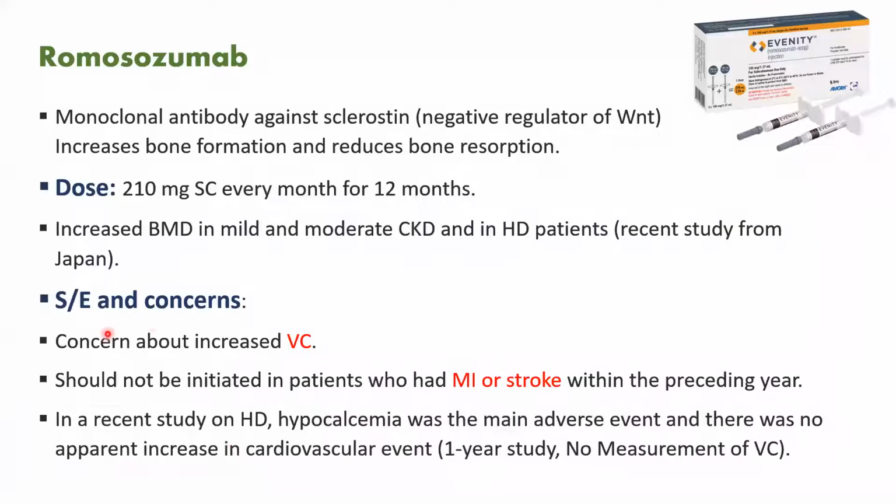But we have a very reasonable concern about increasing vascular calcification. Romosozumab could indirectly stimulate the Wnt pathway, and the Wnt pathway increases bone formation, but it could also increase vascular calcification in the patient.